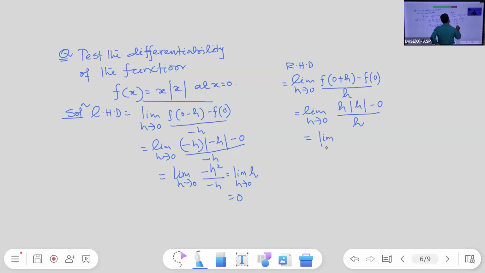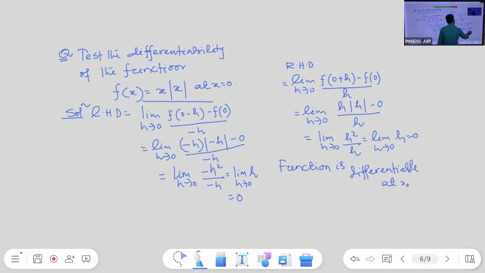This is equal to limit h tending towards 0, h square upon h. h square upon h is h. This is equal to limit h tending towards 0, h. This is equal to 0. So here we find that left hand derivative exists, right hand derivative exists, and they are equal. Hence the function is differentiable at x is equal to 0.